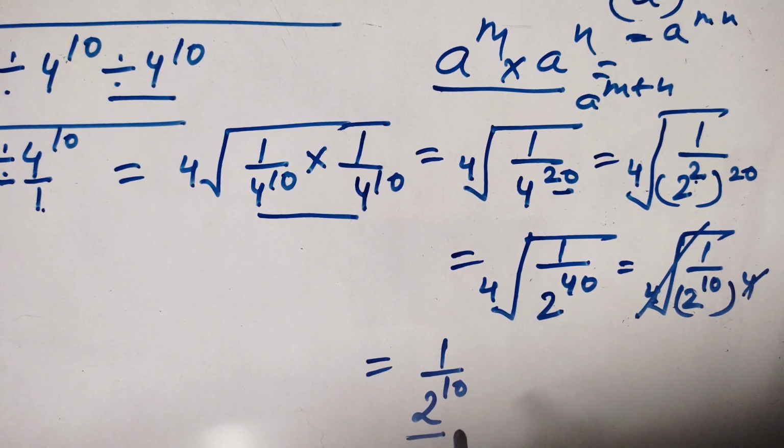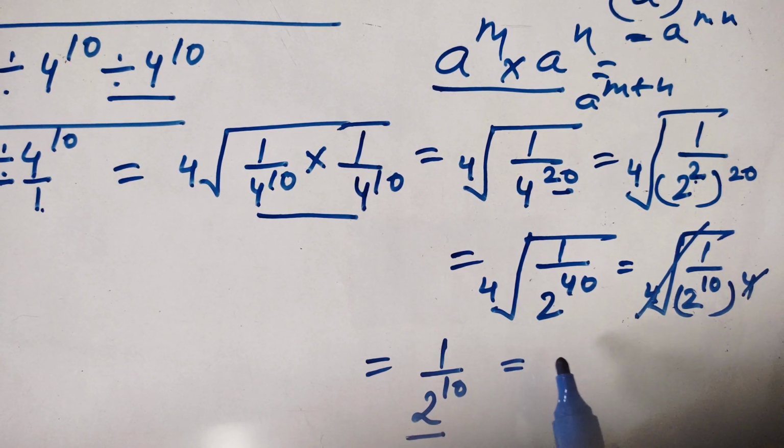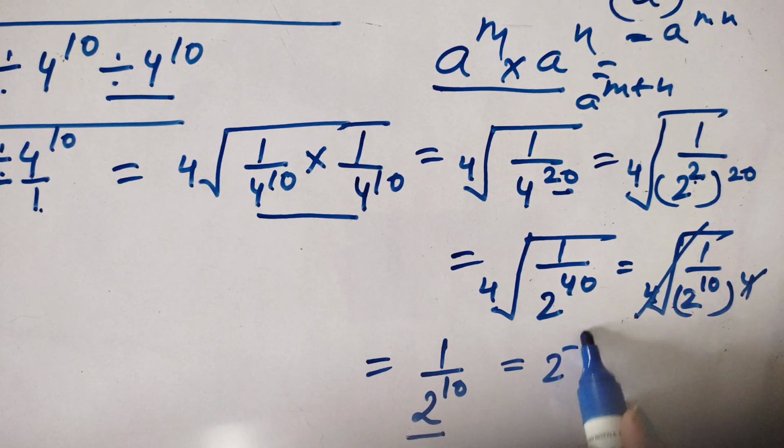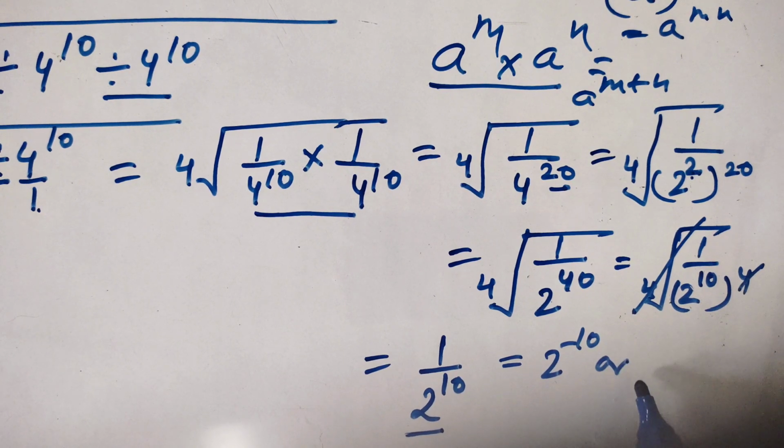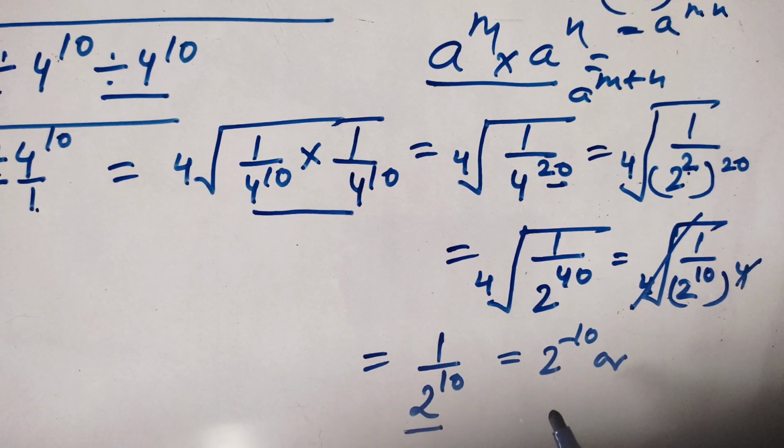For this 1 upon 2 power 10, there are so many answers. First way is 2 power minus 10, or if you convert to decimal, your answer is 0.0097, or 1 upon 2 raised to the power 10.